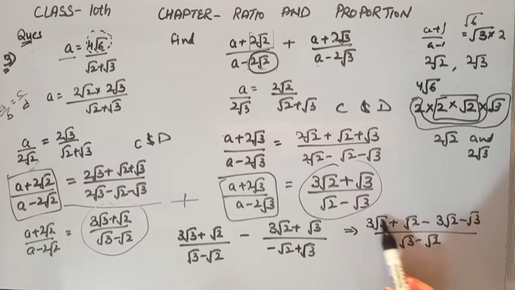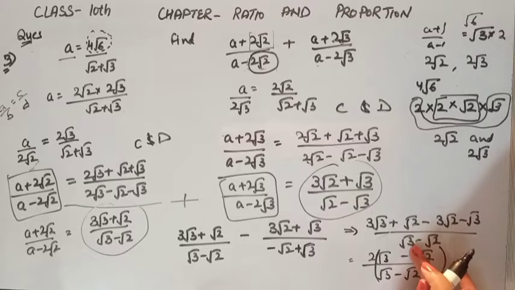So root 3 and root 3 makes 2 root 3, minus 2 root 2 upon root 3 minus root 2. Taking 2 common from the numerator, the denominator will become the same. This will cancel out and we get our required answer, that is 2.